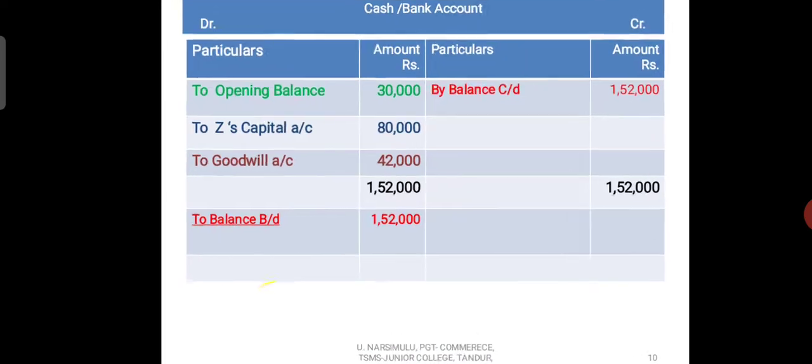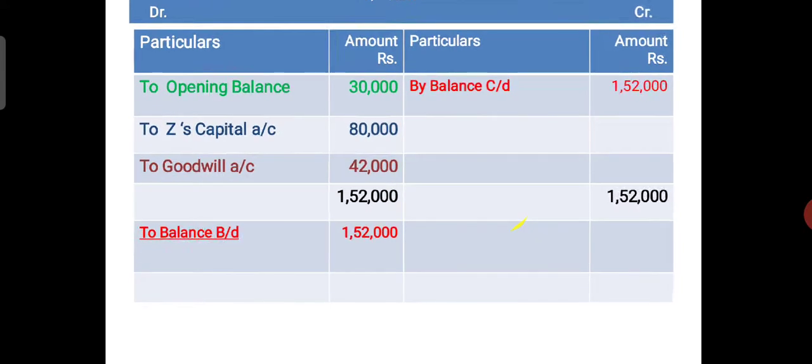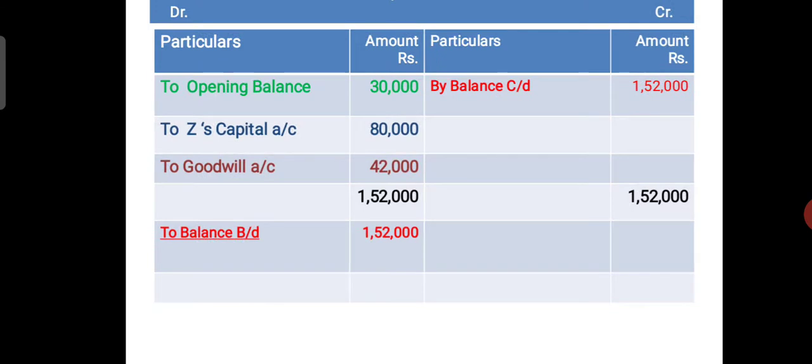Next, cash or bank account. First you take in the cash or bank account the opening balance, in green color, given on the debit side. See, in green color I've written the opening balance. This opening balance we can take from the old partners' balance sheet. So amount of rupees 30,000.